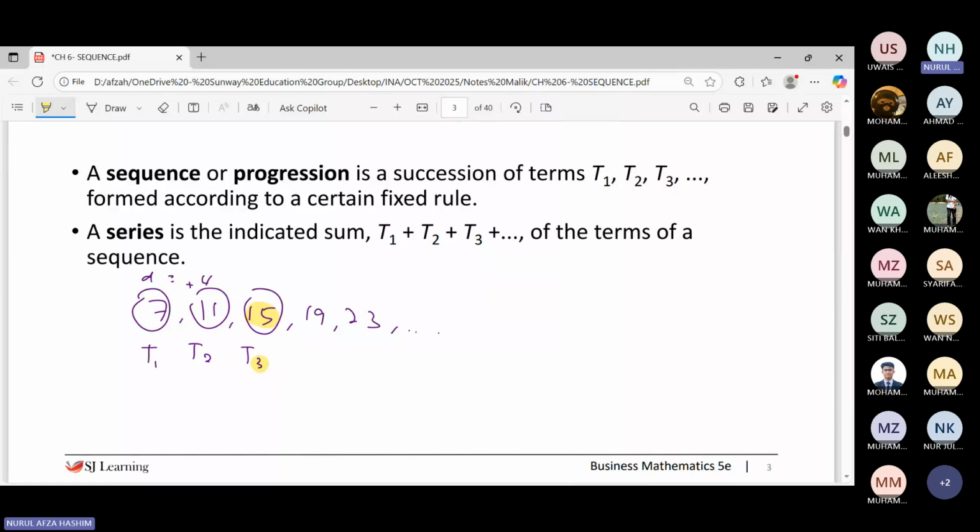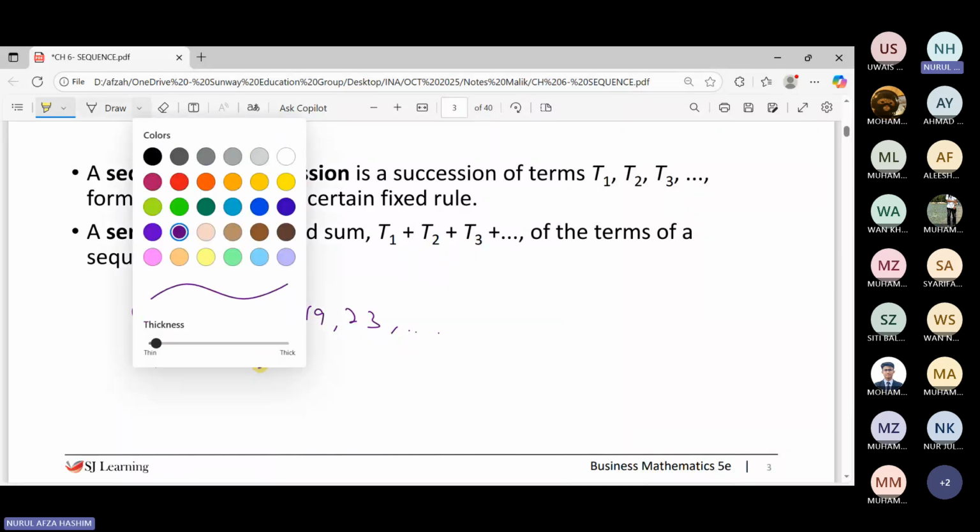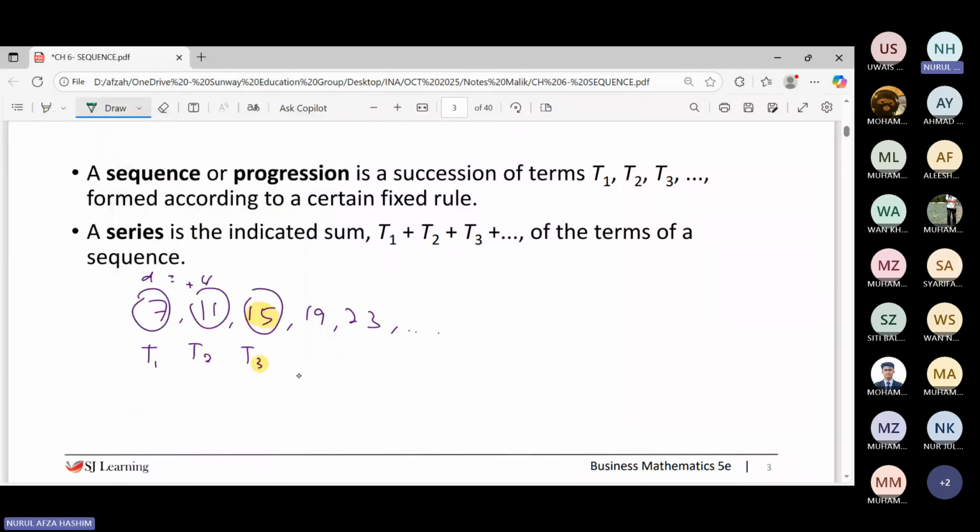So that's why when they say, please calculate T10, what do you mean by that? Nombor yang ke-10. Nombor yang ke-10 nilai dia berapa? Itu maksud dia.